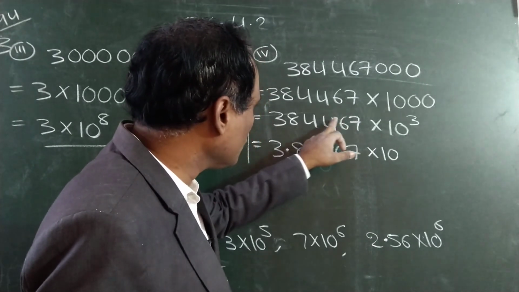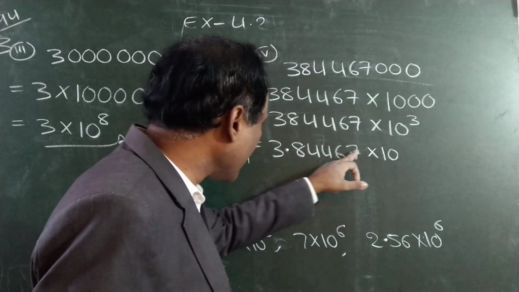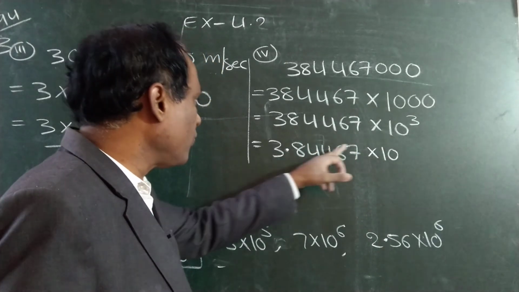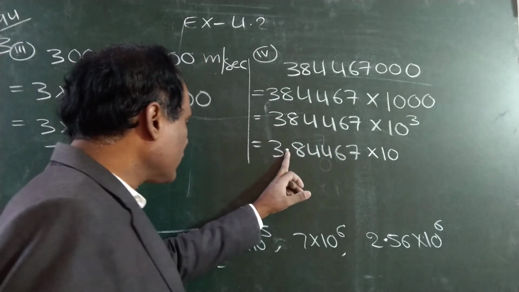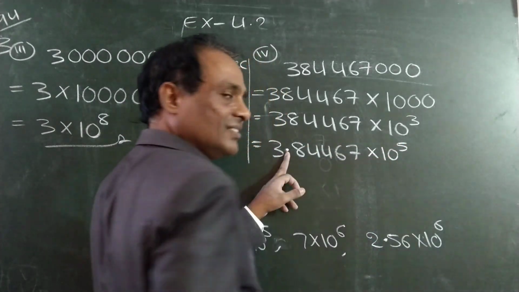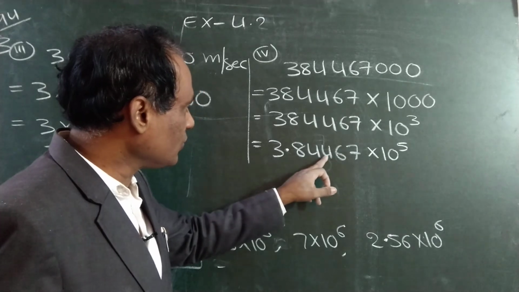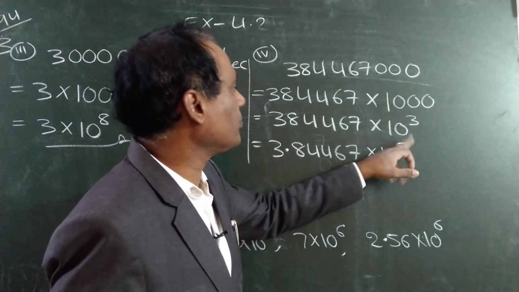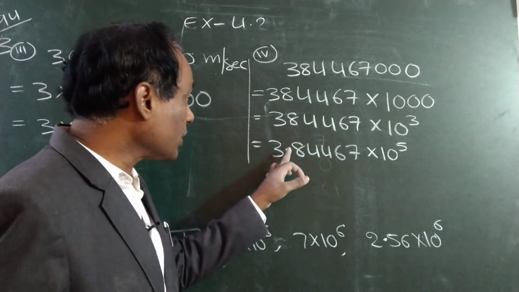So I am moving the decimal 5 places. After the decimal there are 5 digits, so 10 to the power of 5. I am forcefully putting the decimal here.